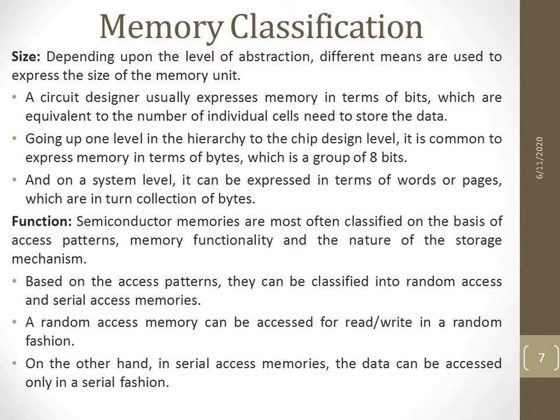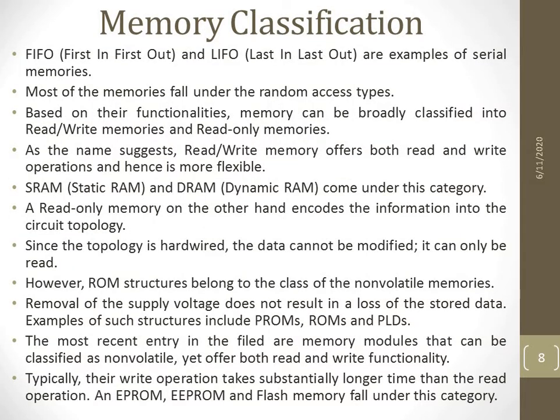On the other hand, in serial access the data can be accessed only in serial fashion. First in first out and last in first out, which I showed you in the graphical classification plot, are examples of serial memories. Most of the memories fall under the random access type.